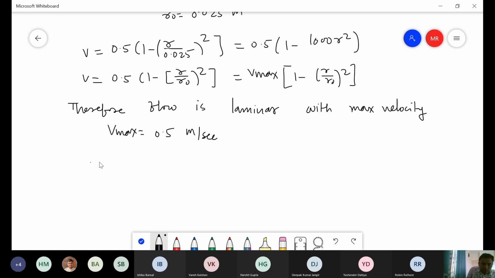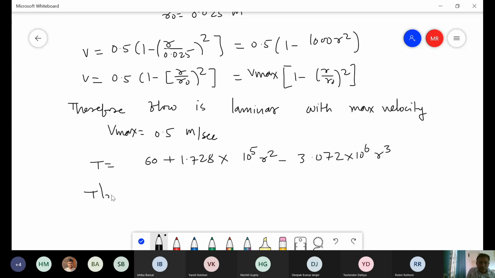T is given as 60 plus 1.728 times 10 raised to power 5 r squared minus 3.072 times 10 raised to power 6 r cubed. So at r equals 0, what we are going to get is 60, isn't it?